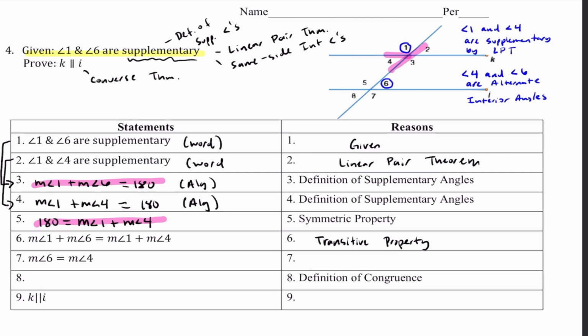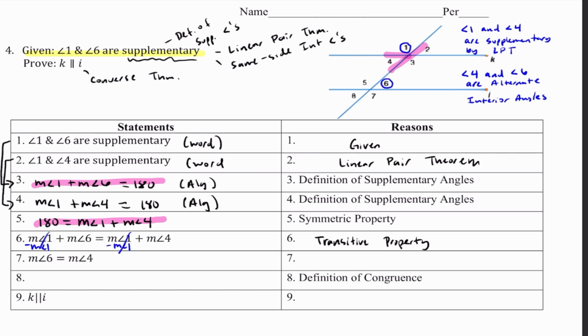Now look at number 6. If we look at both sides of the equation here, they both carry the measure of angle 1. So what I need to do here is get measure of angle 6 equal to the measure of angle 4. And I gotta use the subtraction property of equality. I gotta subtract both sides by the measure of angle 1.